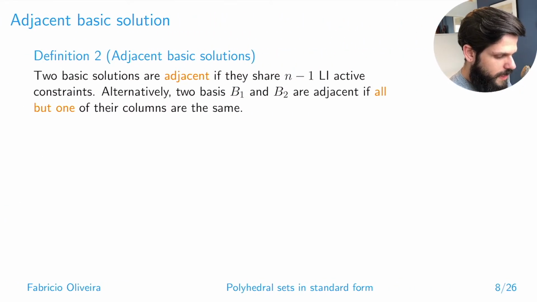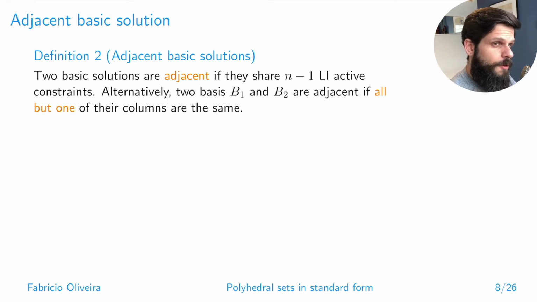All right. So one thing that is relevant for us in this context is to look at the notion of adjacent basic solutions. I think we briefly mentioned them before, but here I'm putting a formal definition. So basically, you will say that two solutions are adjacent if they are connected by a line. That's kind of the geometric definition. But two alternative ways of saying so: if they share n minus 1 linearly independent active constraints.